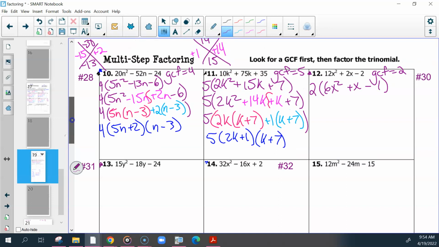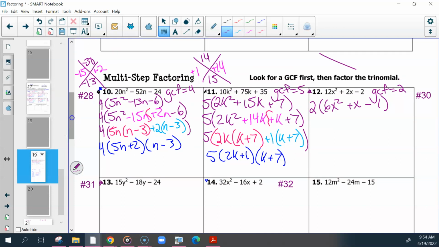And then we're looking for 2 numbers that add to be 1 but multiply to be negative 6.